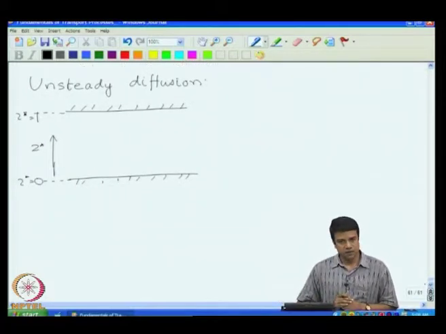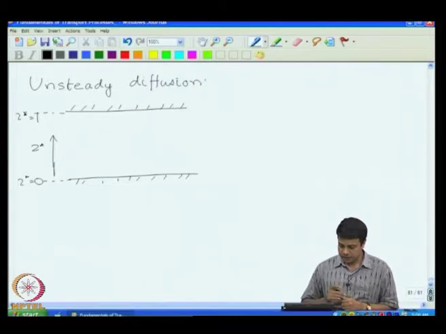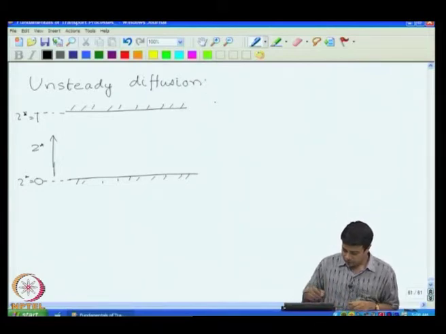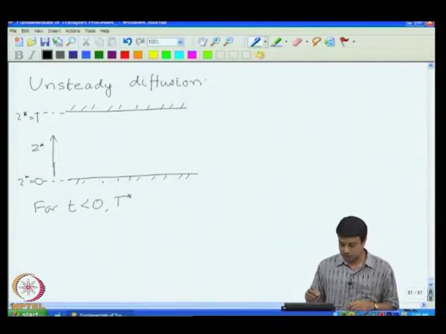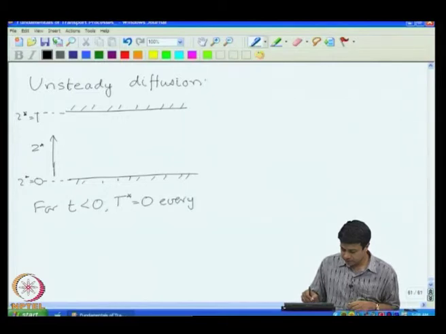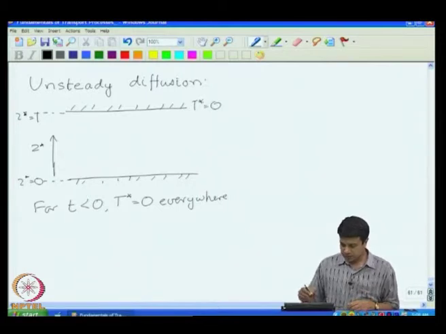The boundary conditions in this case are as follows. Okay. For t less than 0, I will assume that the temperature T star is equal to 0 everywhere. Okay, so, it is equal to 0 here, okay, and it is equal to 0 on this surface as well. Okay.